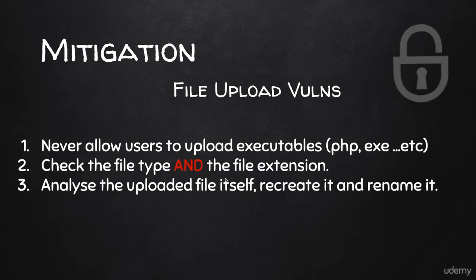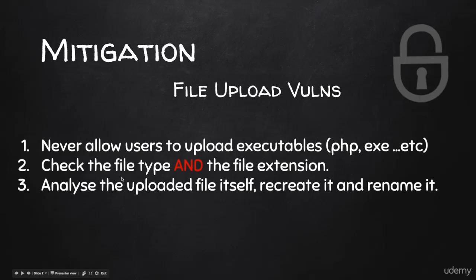So when we were checking with our tests in the previous videos, at the low security level, obviously there were no checks. At the medium security level, there was checking for only the file type. And at the high security level, they were checking for the extension only. So what you want to do really is never allow executables. Make sure the uploaded file is what you're expecting.